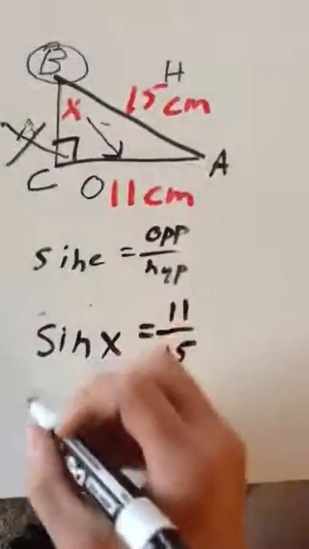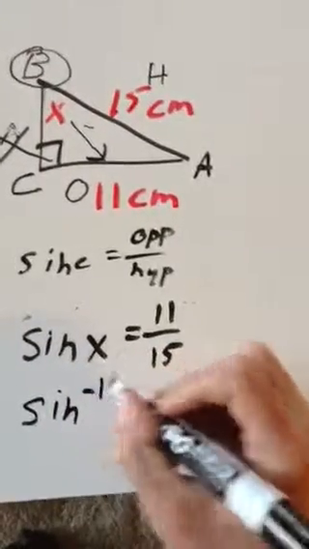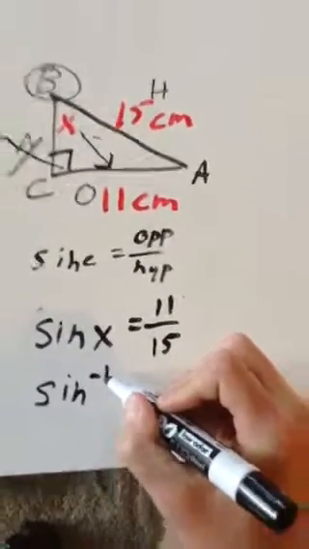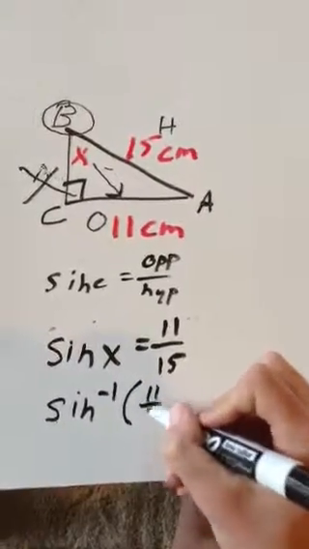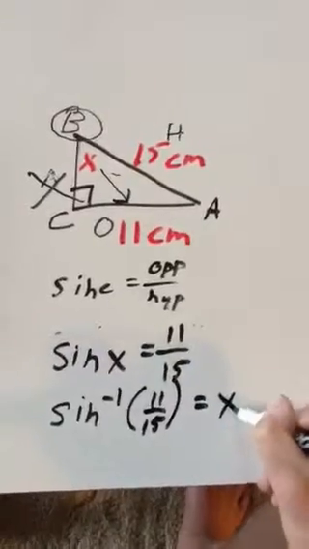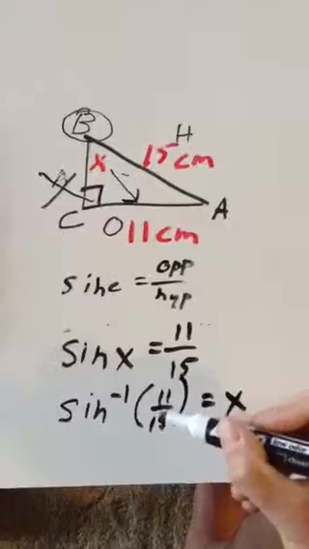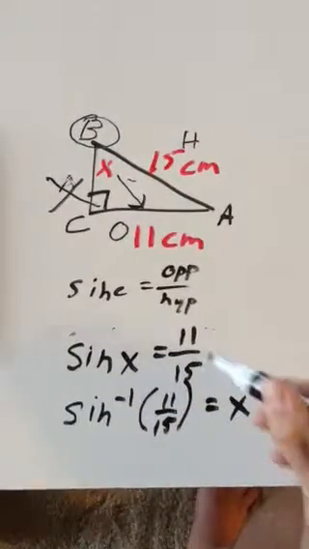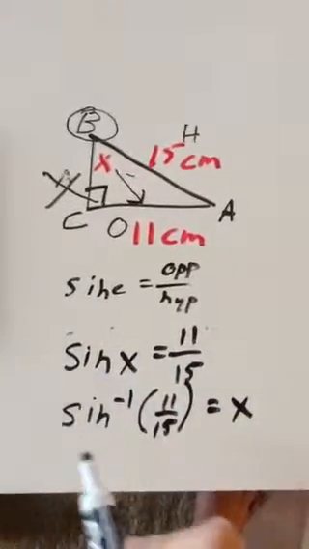So if I was to rewrite this, I would say it's sine -1. Because I made it -1, it means inverse. And what that does is it flips the place of your fraction 11/15 and X. Check it out. 11/15 went next to sine. X went where the fraction was before. And now you just simply plug this in your calculator.